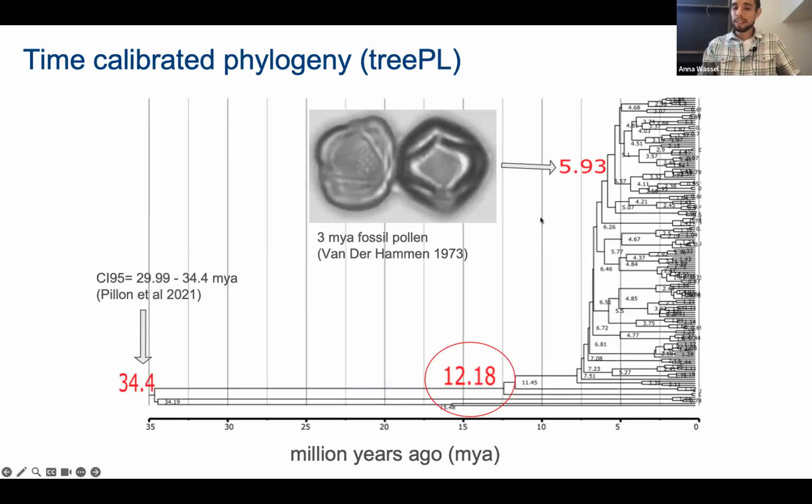So the clade that contains species from the northern Andes was assigned to this calibration point. And this result shows that neotropical Weinmannia, as we know it, might have arisen around 12 million years ago.